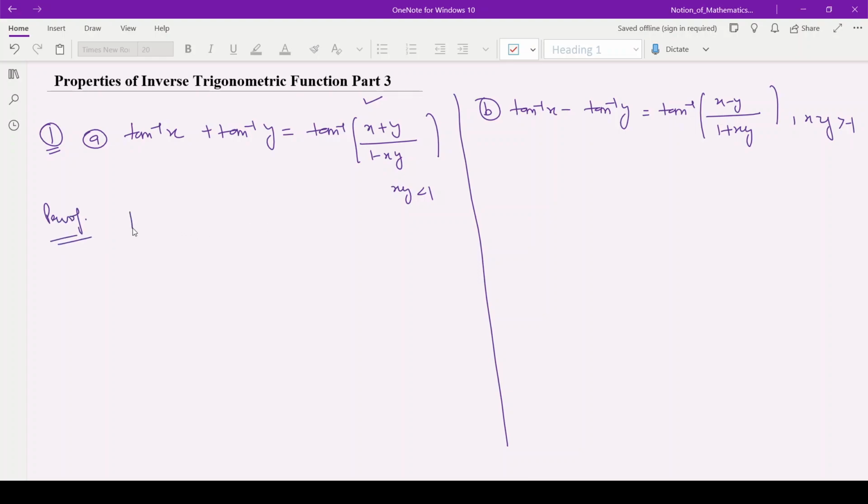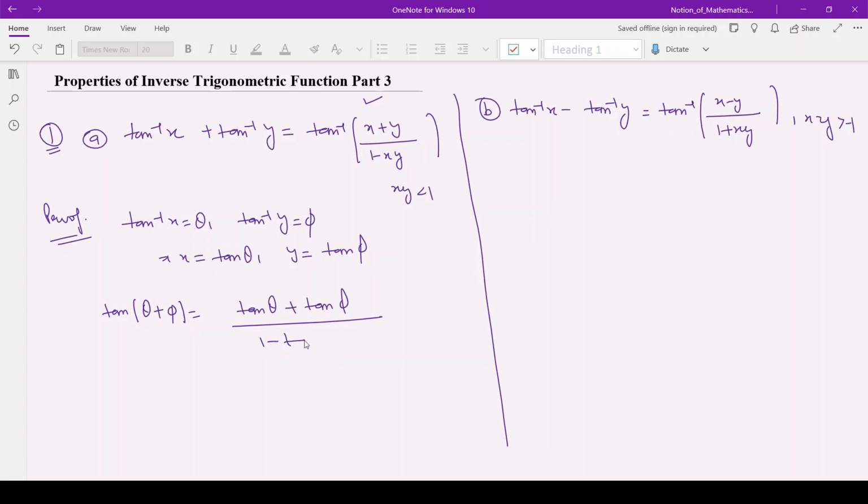For this purpose I am considering tan inverse x is theta, tan inverse y is phi. Ultimately x is tan theta and y is tan phi. As we know, the formula of tan(theta plus phi) is equal to (tan theta plus tan phi) upon (1 minus tan theta tan phi).